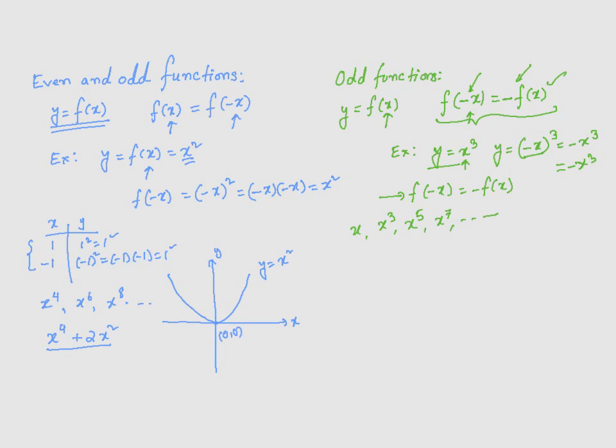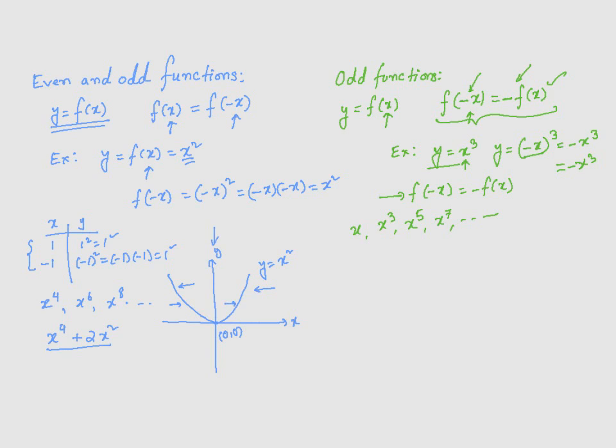What does it mean to be symmetric about the y-axis? It means that the right side of this function is a reflection of the left side, or the left side is a reflection of the right side, about the y-axis.